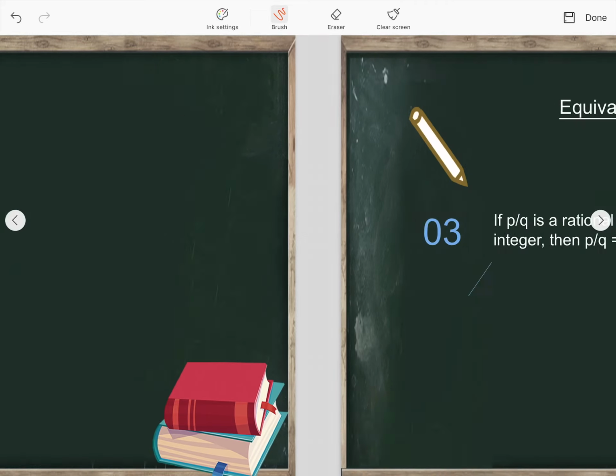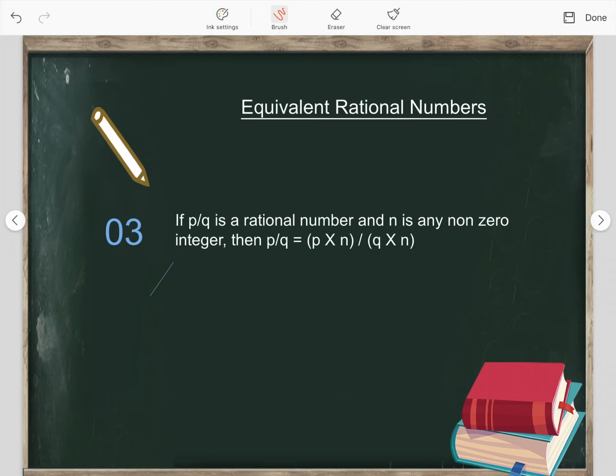Understood? Now we are going to study equivalent rational numbers. So what are equivalent rational numbers? Equivalent rational numbers can be found by one simple formula. I have written here P by Q is equal to p into n divided by q into n.